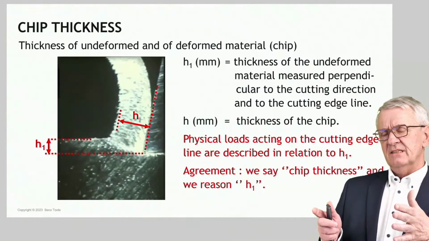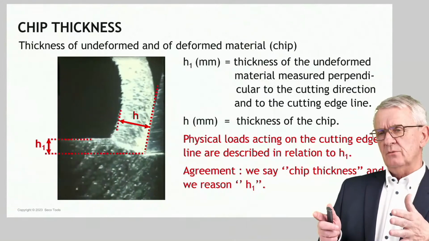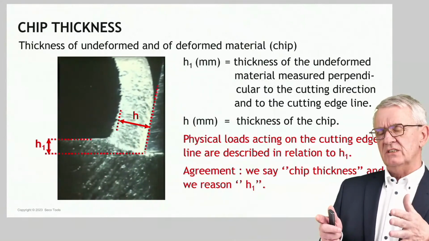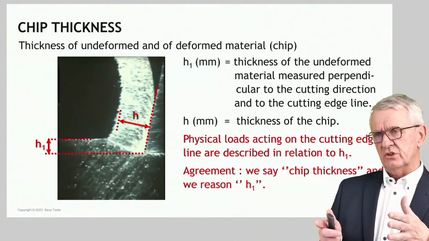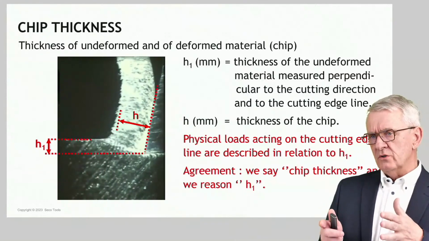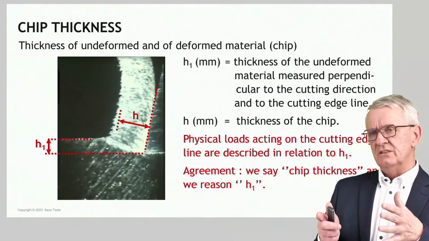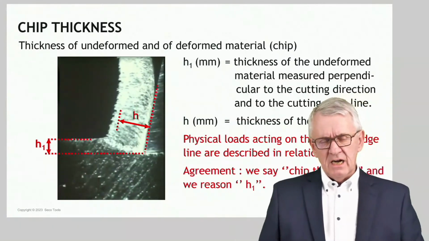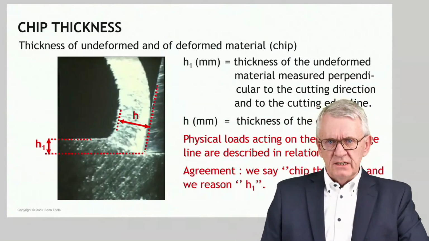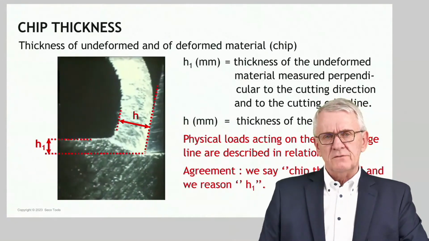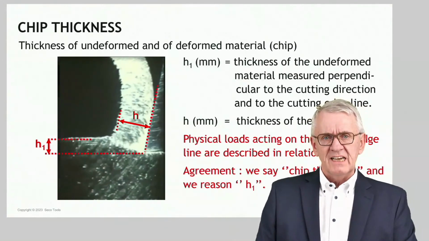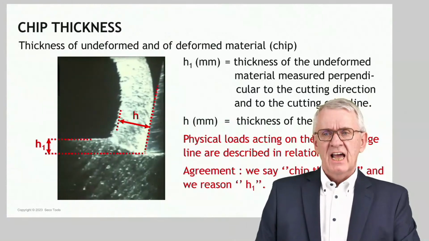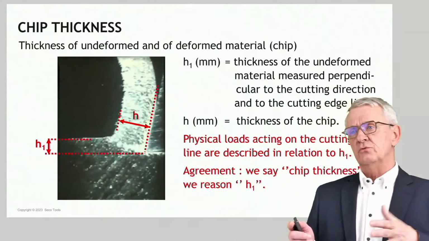And then it perhaps starts to be a little bit confusing, because H is the thickness of a chip, while all the models, all the things we use in machining to define how a cutting edge is functioning, to understand what physical phenomena are taking place on a cutting edge, everything relates to H1.